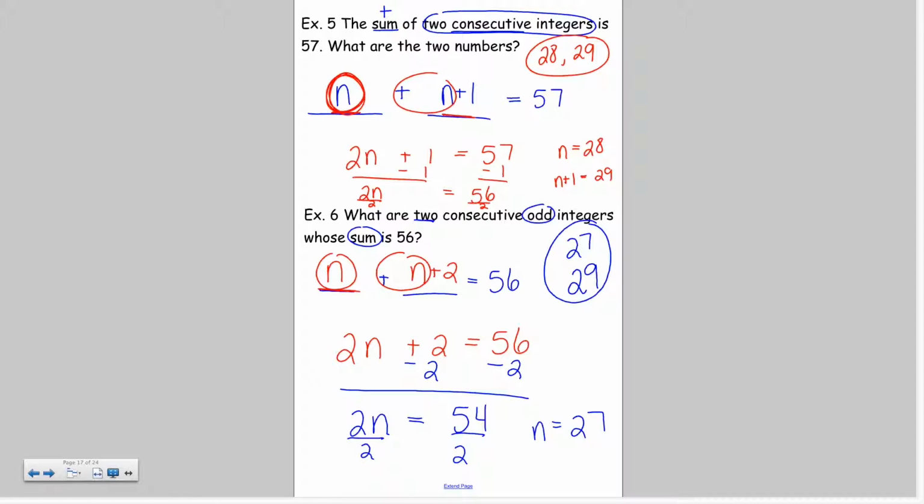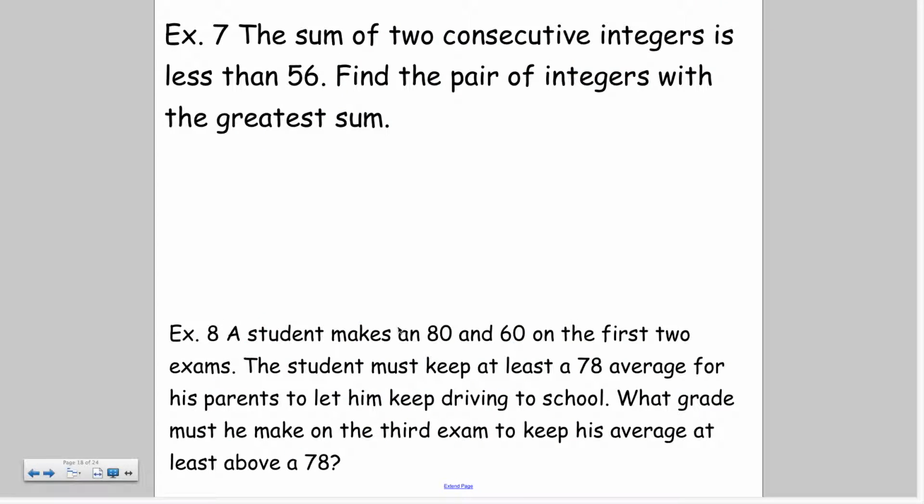The last example, we have two more examples. Example 7. Again, it tells you we're adding two consecutive numbers, but this time it says that it's less than 56.